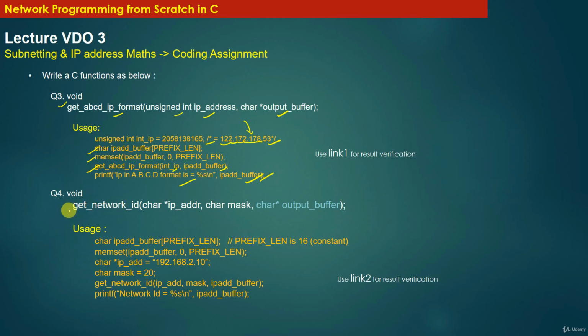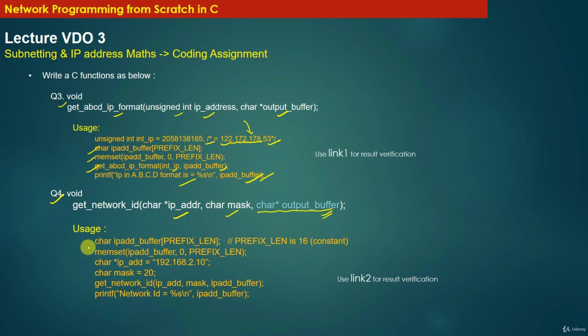Then in the next question you have to write a function in C to get the network ID, and the input to the function is the IP address and the mask value, and the function should return an output in the output buffer, right? So you can see the usage of this function.